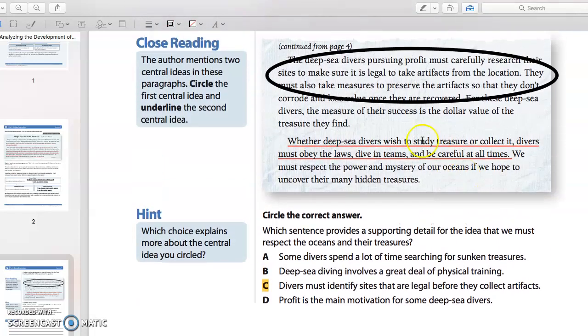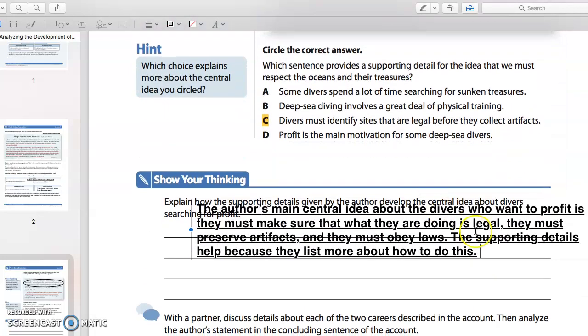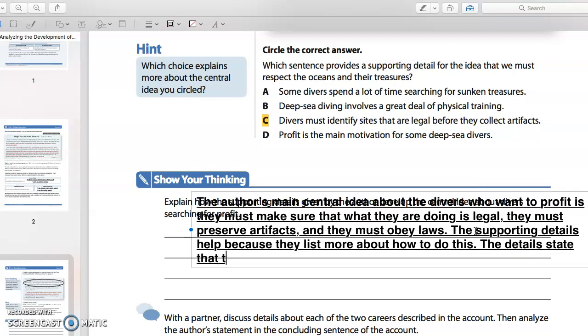Remember, they don't just say make sure it's legal. They have to make sure that the artifacts don't corrode, and they have to dive in teams and be careful at all times. The details state that the treasure can't corrode.